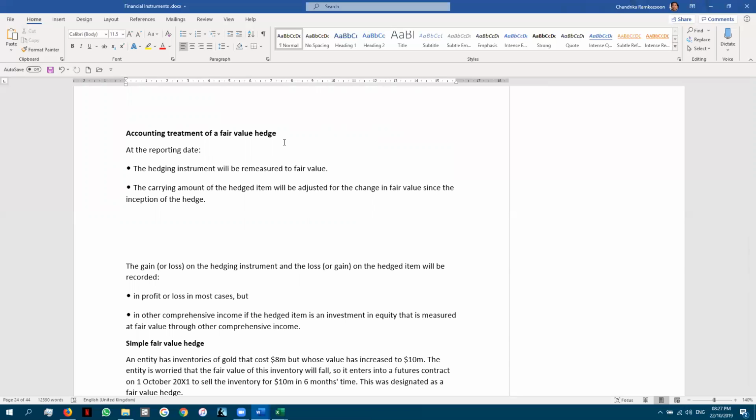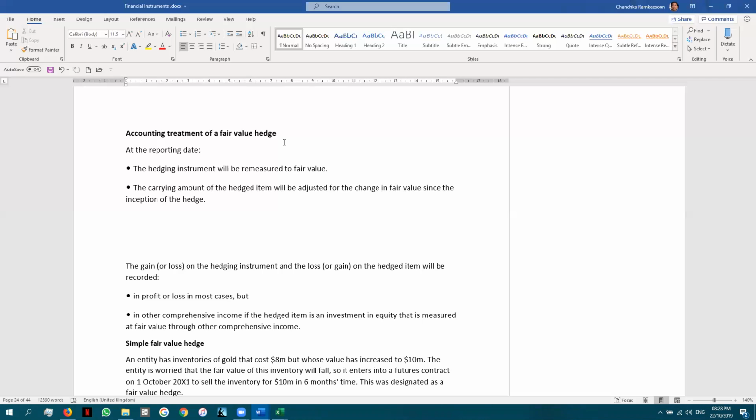At the reporting date, the hedging instrument, like the futures, will be remeasured to fair value. The carrying amount of the hedged item, whatever is being hedged, will be adjusted for the change in fair value since the inception of the hedge.